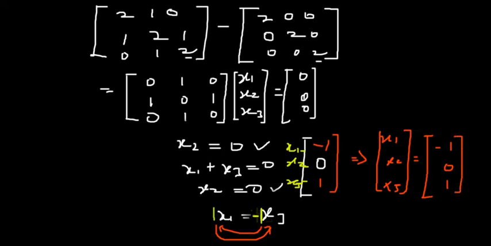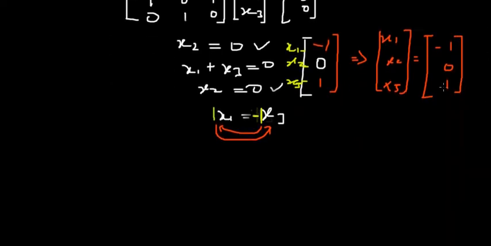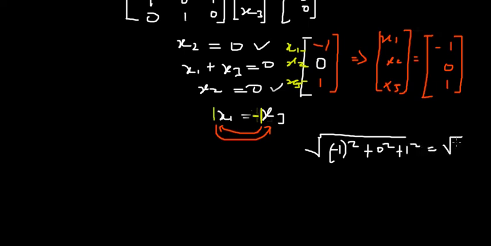After this you can just proceed to find the magnitude of the eigenvector. So we have -1 all squared, plus 0 squared, plus 1 squared. When you compute this you end up with √2.